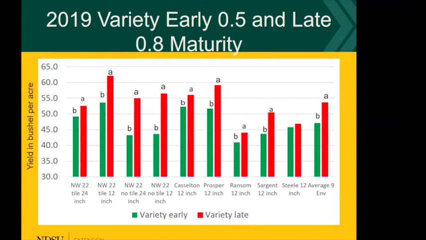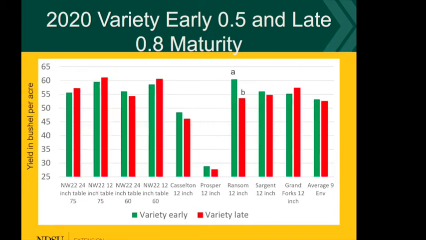So the conclusion for 2019 was that there is a yield advantage using the late maturing variety, having some extra days in the field. However, if we are looking at 2020, where we had this early frost, now things start to change in certain environments.